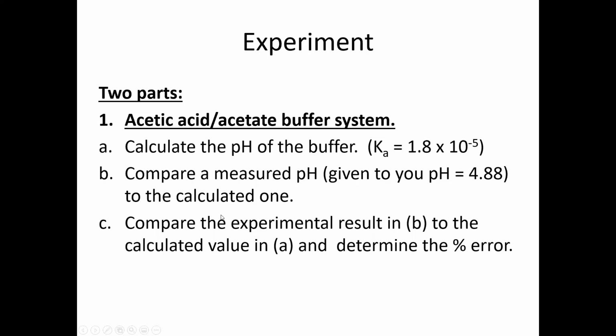Then you will compare that pH with the measured pH. You will be given that measurement to be 4.88, and you can compare the absolute values and determine the percent error. So, making this buffer, calculate the pH, and compare the measurement with the calculation.